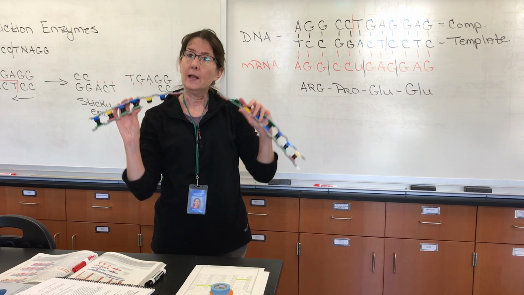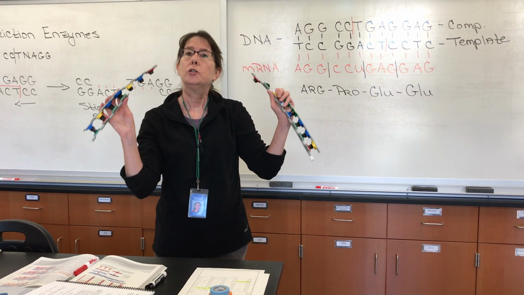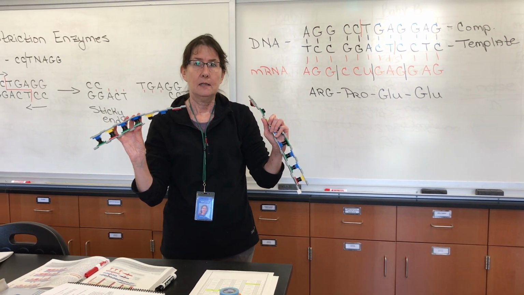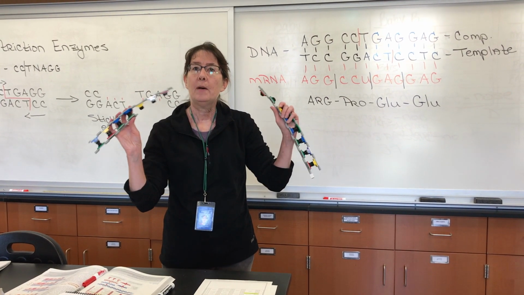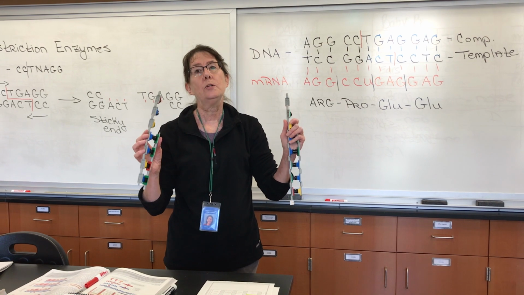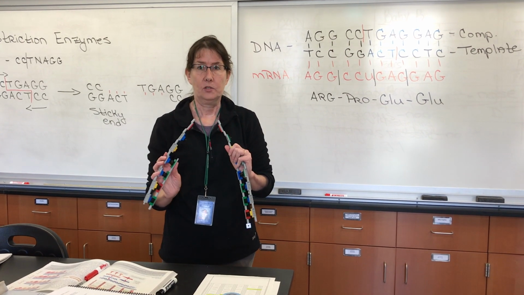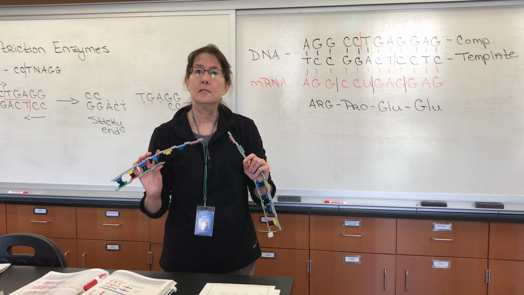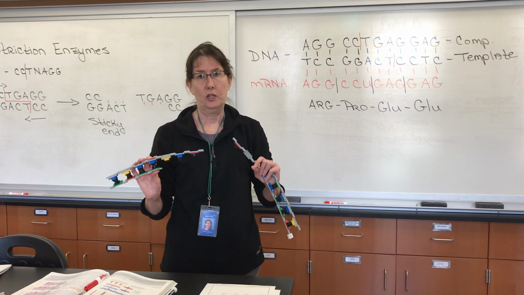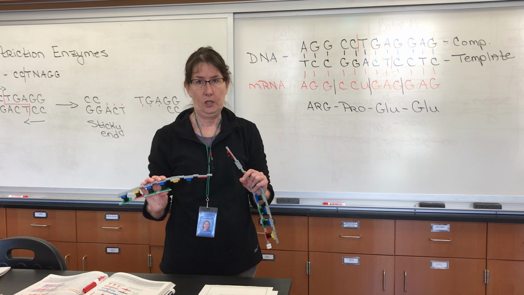We went from 1 large DNA molecule to 2 smaller strands. We can separate DNA molecules by their size, and we'll do that in our lab next week. But now we're going to look at what happens when you have a mutation to your DNA molecule.